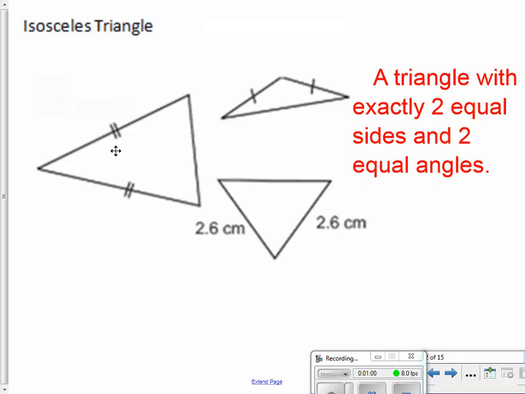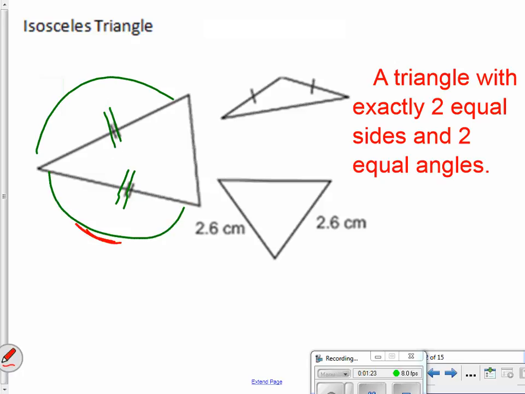An isosceles triangle is a triangle that's going to have exactly 2 equal sides and 2 equal angles. No more, no less. And again, that's kind of an implication. This one, we had our 2 tick marks here and 2 over here. That means that this length and this length here are the same. That also means then, if we look at this length, go right across from it to this angle, the one right across from it has to be equal to the angle across from the other one.